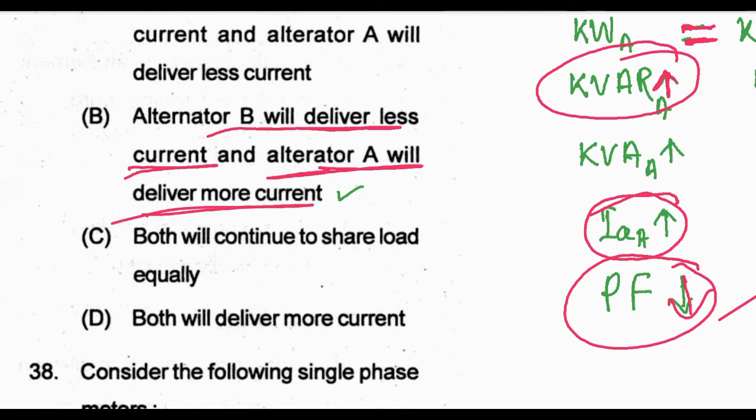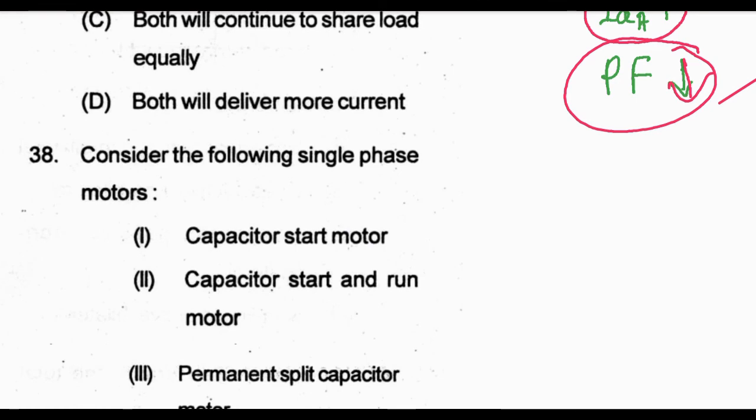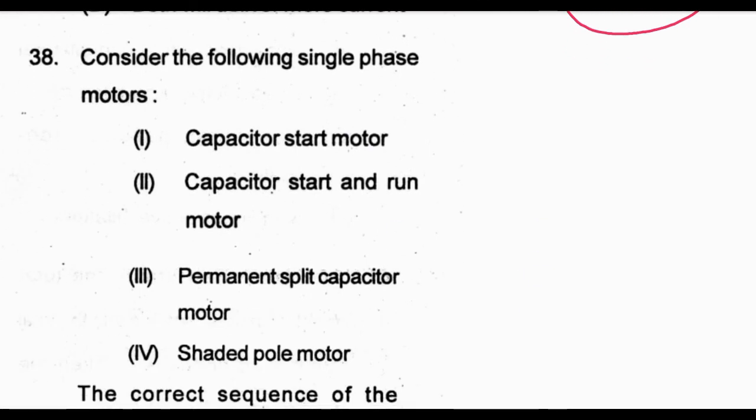The alternator whose excitation increases will deliver more current, but the real power sharing will be the same, reactive power sharing will be different, and maximum reactive power will be observed for the increased excitation machine.